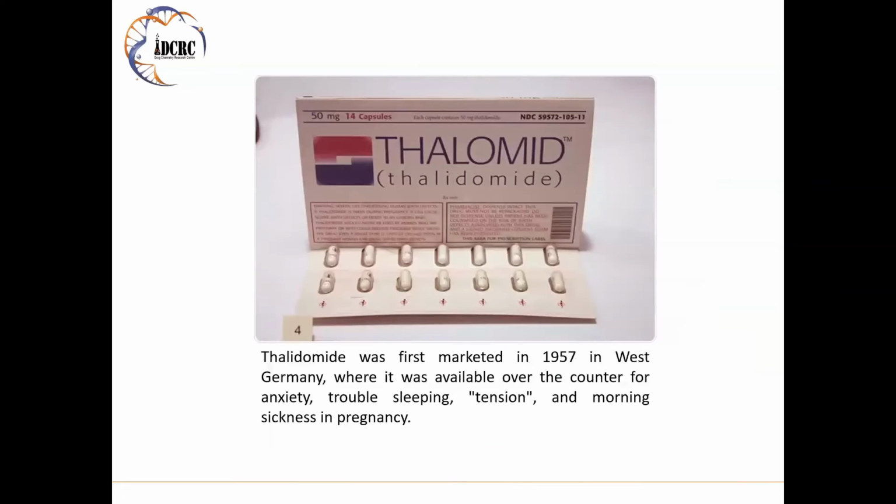Let's understand it more by taking the example of thalidomide. As we all know, this is a very infamous drug. Thalidomide was first marketed in 1957 in West Germany. It was given to pregnant women who had anxiety, trouble sleeping and morning sickness, to ease these conditions.